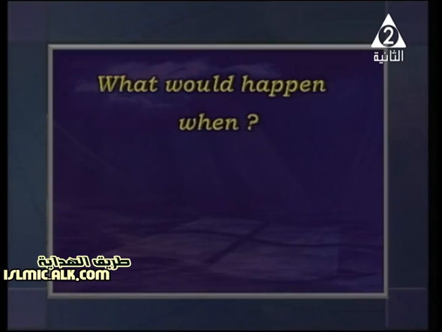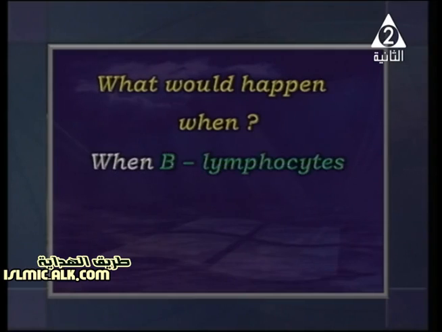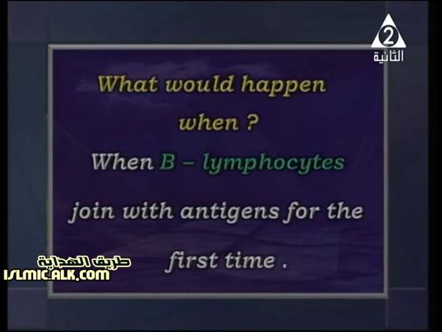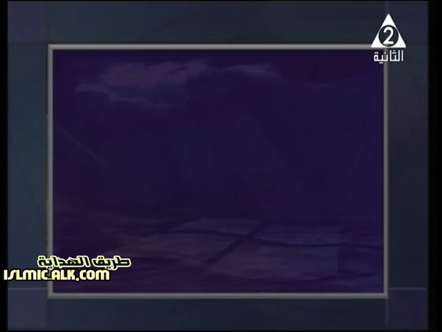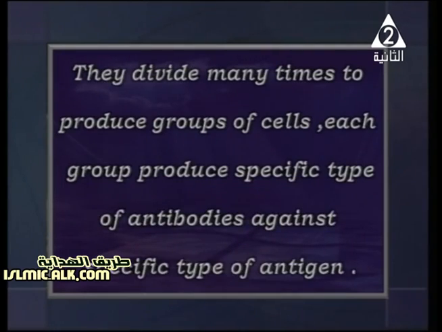Well, but the question here is, what would happen when the B lymphocytes join with the antigens for the first time? This is one of the most important questions in your lesson. What is going to happen? Number 1, they divide many times to produce groups of cells. Each group produces a definite type of antibodies against a specific type of antigen.